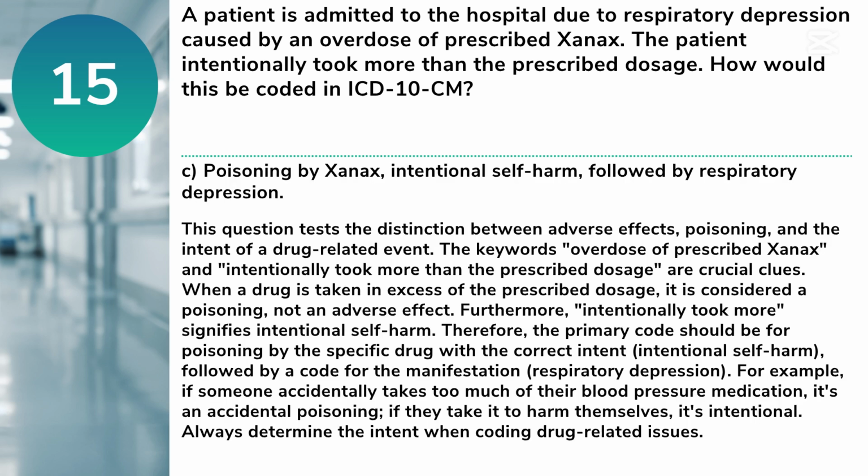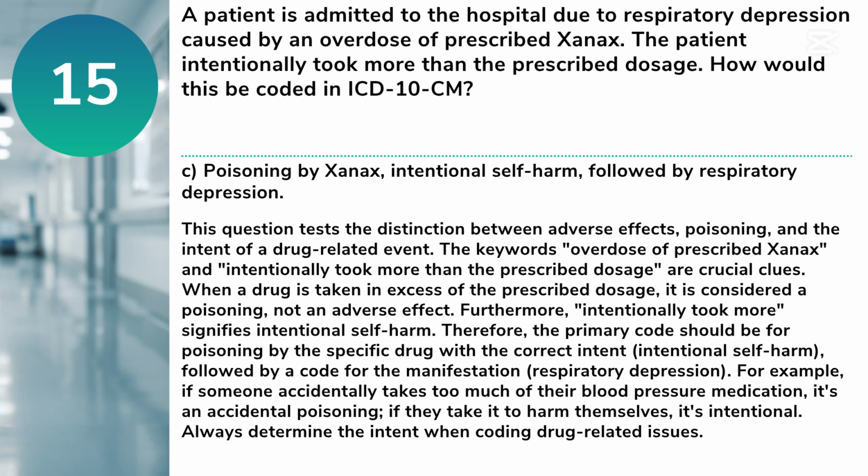Answer: C. Poisoning by Xanax, intentional self-harm, followed by respiratory depression. This question tests the distinction between adverse effects, poisoning, and the intent of a drug-related event. The keywords overdose of prescribed Xanax and intentionally took more than the prescribed dosage are crucial clues. When a drug is taken in excess of the prescribed dosage, it is considered a poisoning, not an adverse effect.